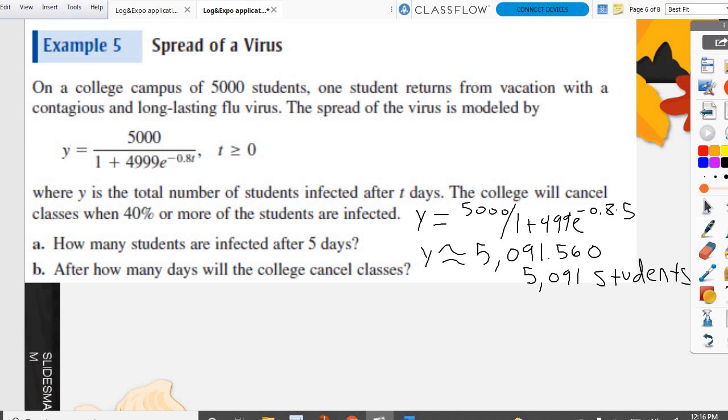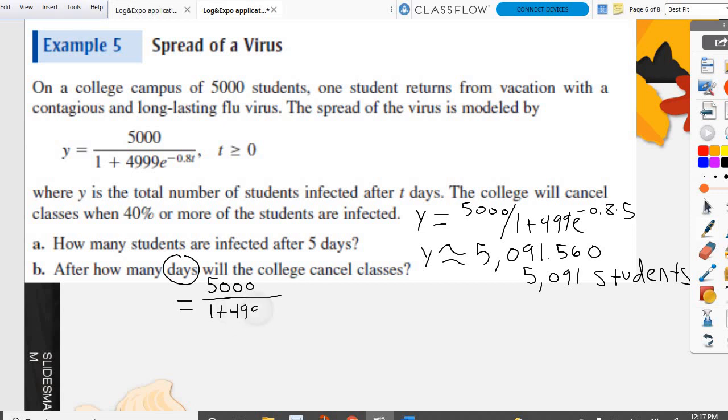Now it asks, after how many days will the college cancel classes? So, what do we have to know? We're trying to find days, right? So we're wanting to solve for t. And you want to figure out why.